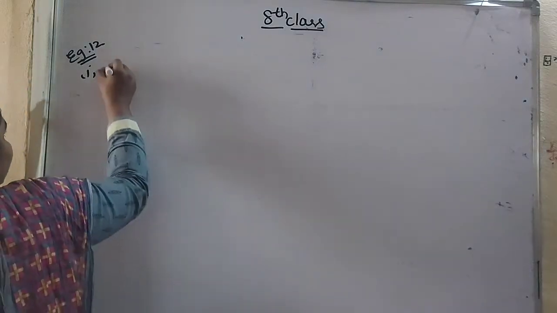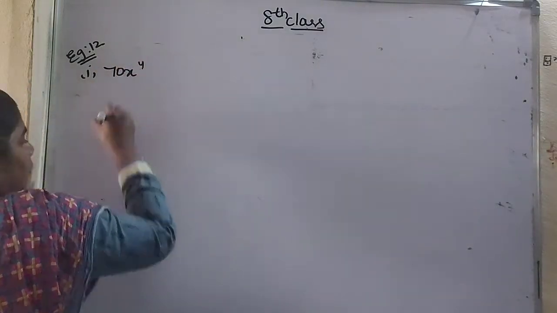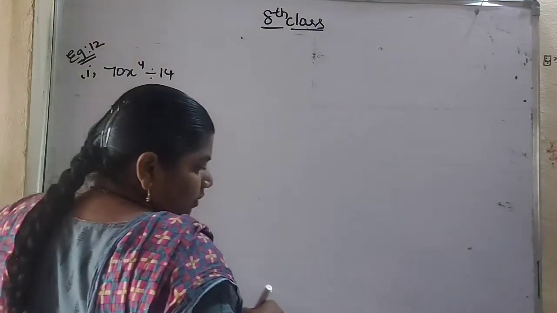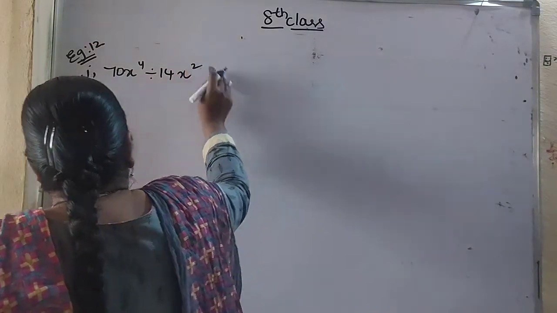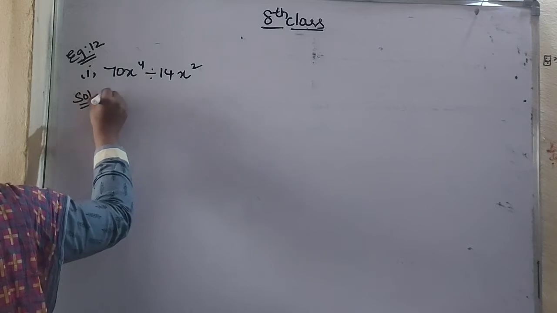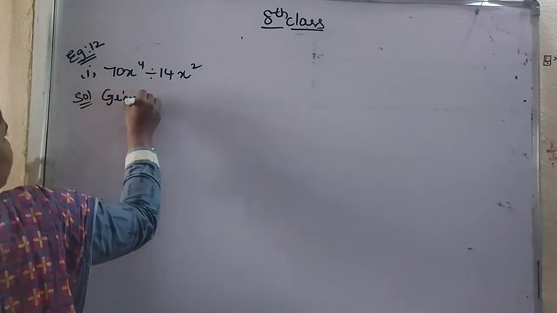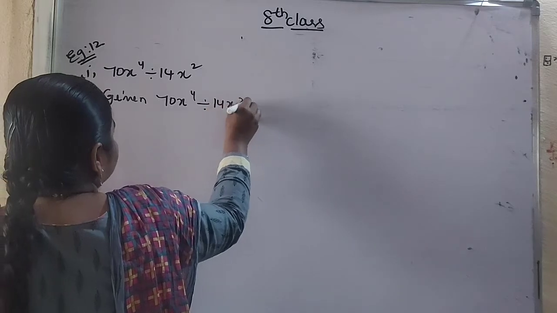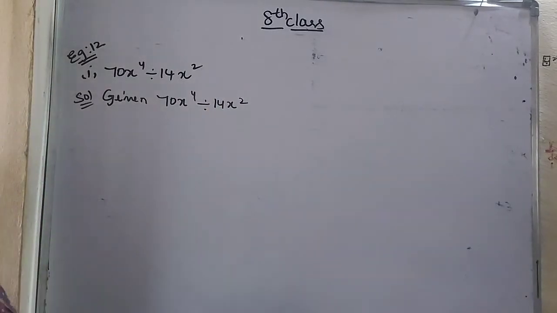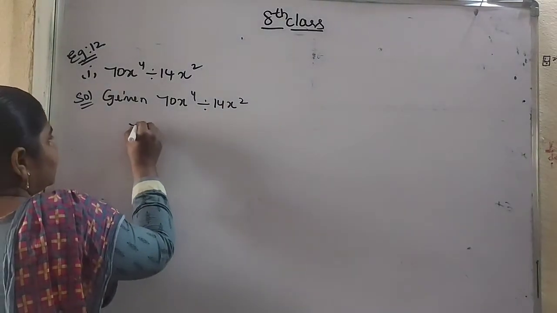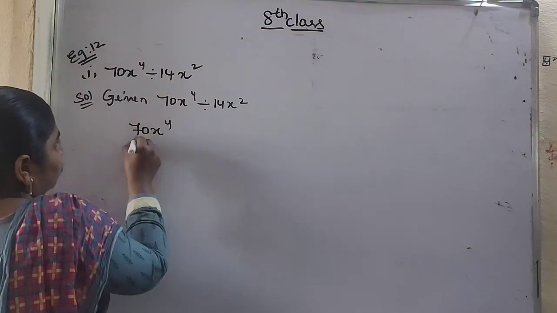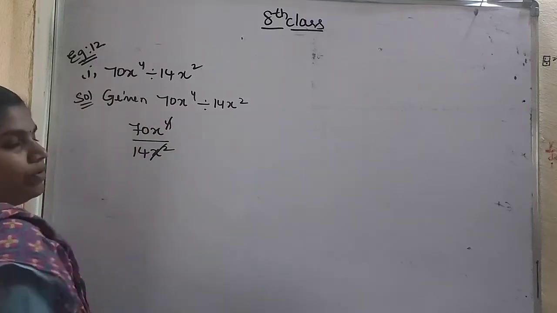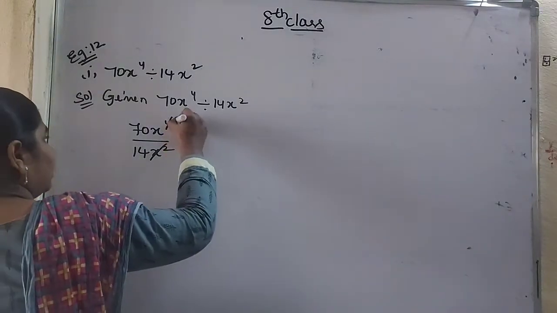So first one is 70x power 4 divided by 14x square. Given 70x power 4 divided by 14x square, I am writing this in the form of a fraction, that is 70x power 4 by 14x square. x square will get cancelled, so here x square will be remaining.